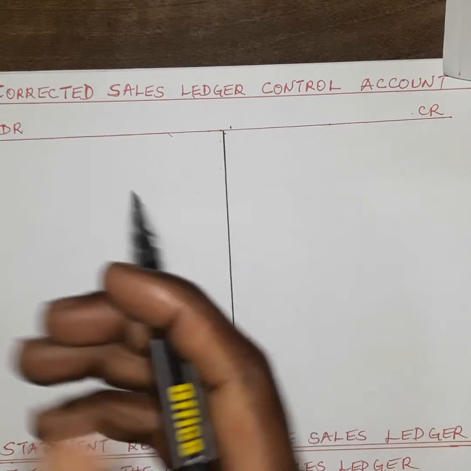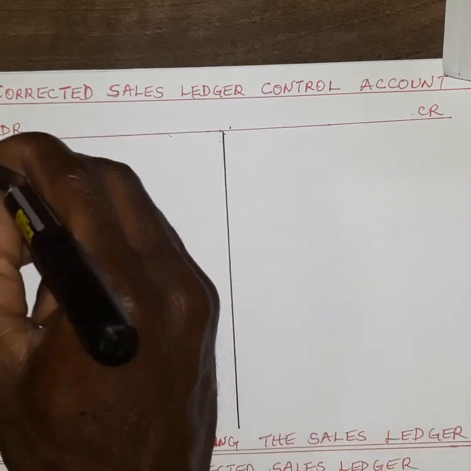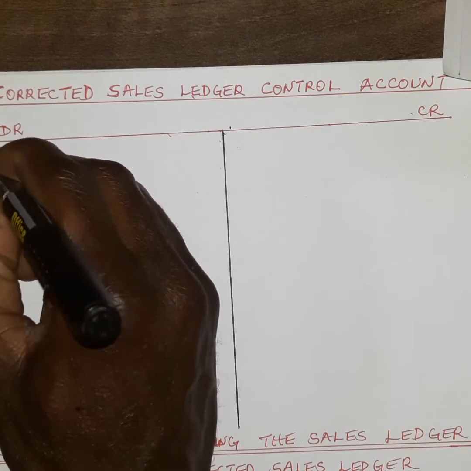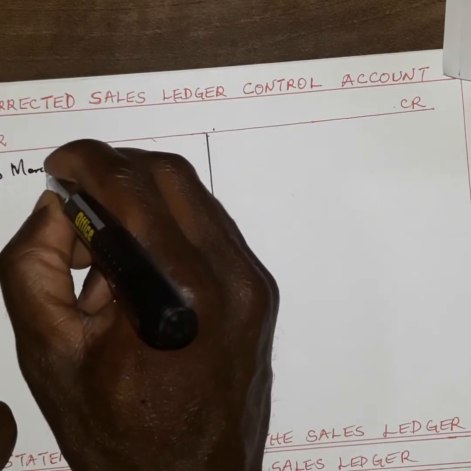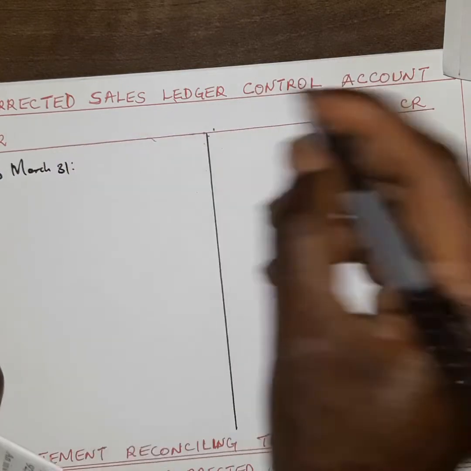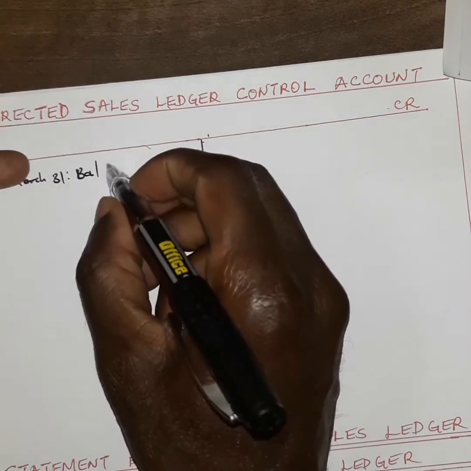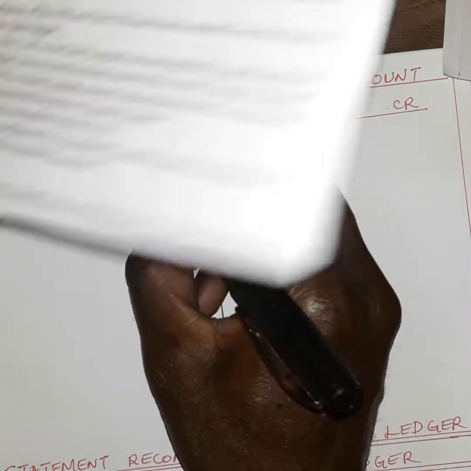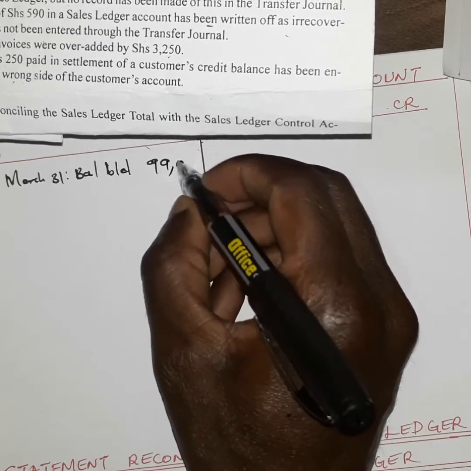The date was March 2010, 31st, we had a balance brought down of an amount of 99,050.